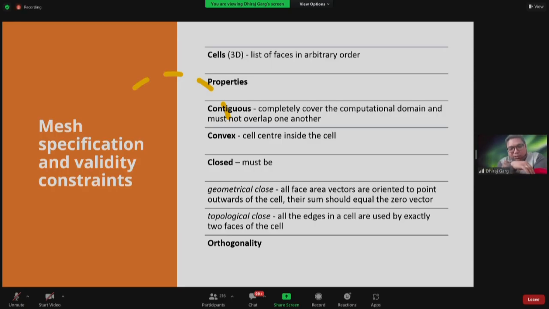Second is the topological. This was the geometrical. Topological dictates that all the edges in the cell are used by exactly two faces of the cell. What does it mean? If you see a sweet box, you create it by simply folding the sides. Each side is one face. You call it closed when all the sides properly connect to each other.